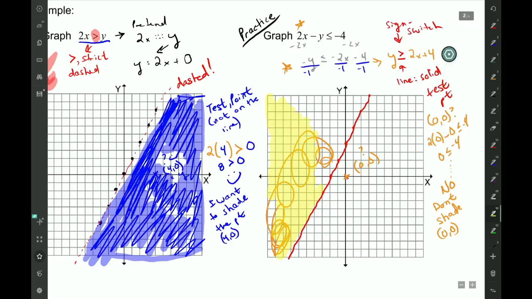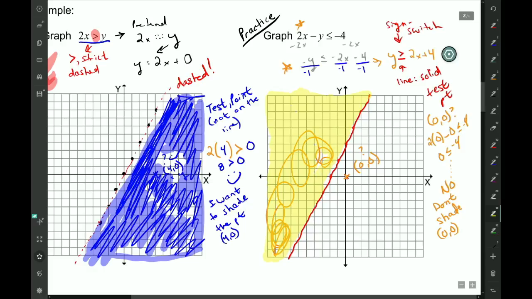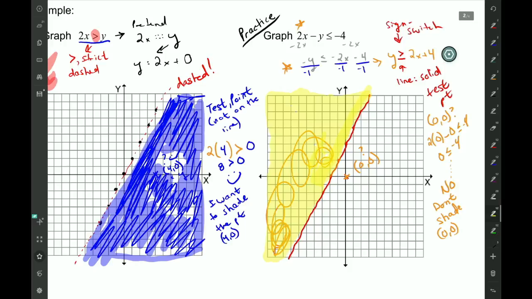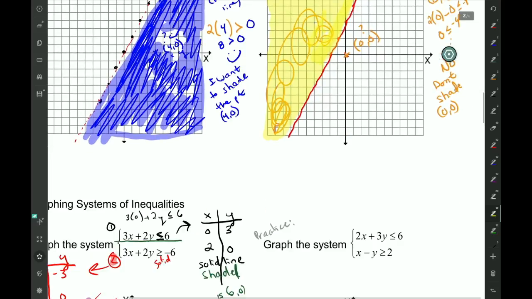I don't want the point 0, 0. It failed my test. And really that means all the points on the side of the line of 0, 0 are not going to work. If you picked any other point, you'll get an untrue statement. So I want yellow over there. So switch the sign if you divide by a negative.